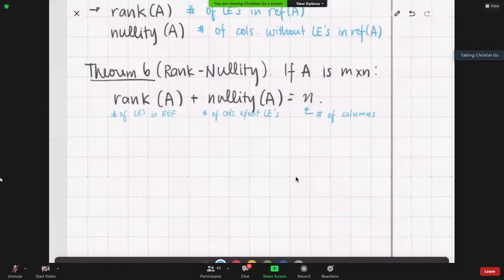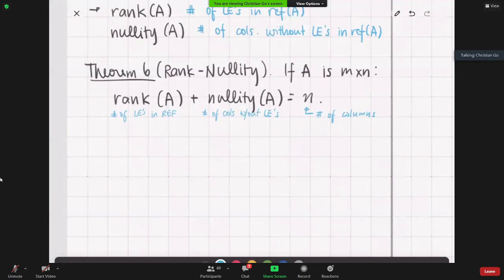But just to tie together today's discussion, there's a question: is there a difference between counting the leading entries in rows instead of columns? Well, they're the same, right? If I'm counting leading entries, rows with leading entries is the same as columns with leading entries.